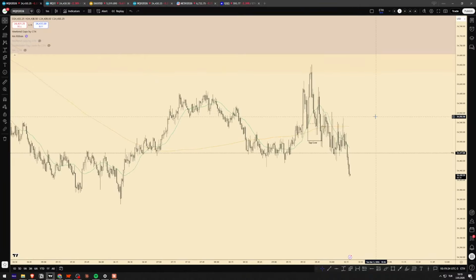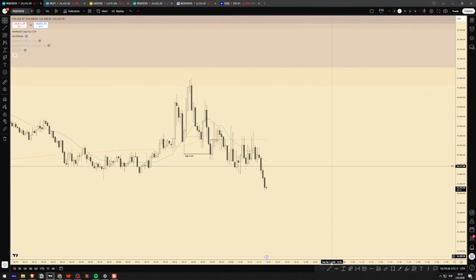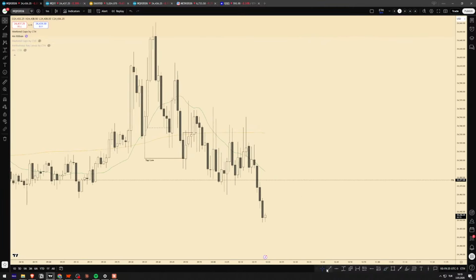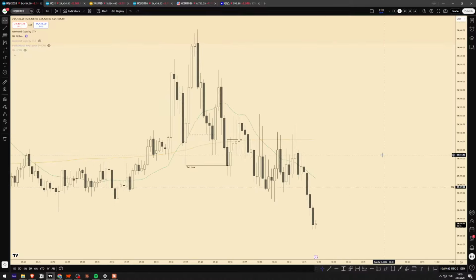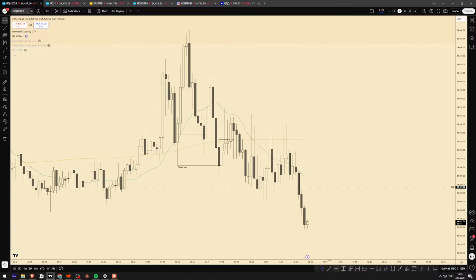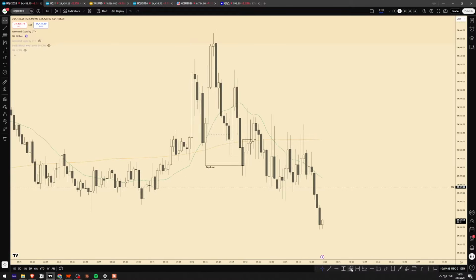Seems like bias was wrong all along. I didn't respect this cross and price accumulating below these levels. Maybe I could have taken some partials around here. Then I could end up with profits or maybe break even. I think if I could properly execute, both trades were going to hit more than 1-to-1.